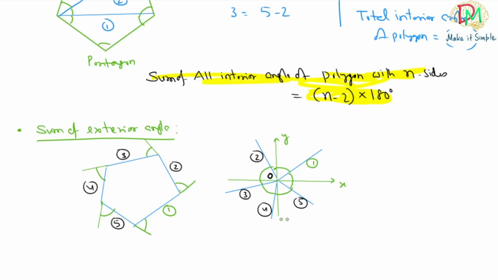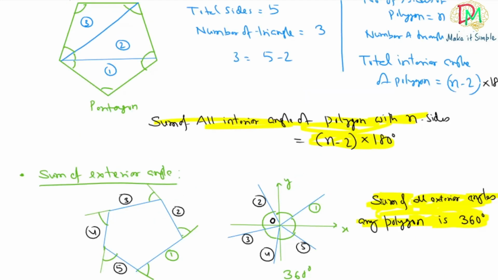So we get a total angle that is 360 degrees. Here we learn the sum of all exterior angles of any polygon, like in this example the pentagon, is 360 degrees. Clear?